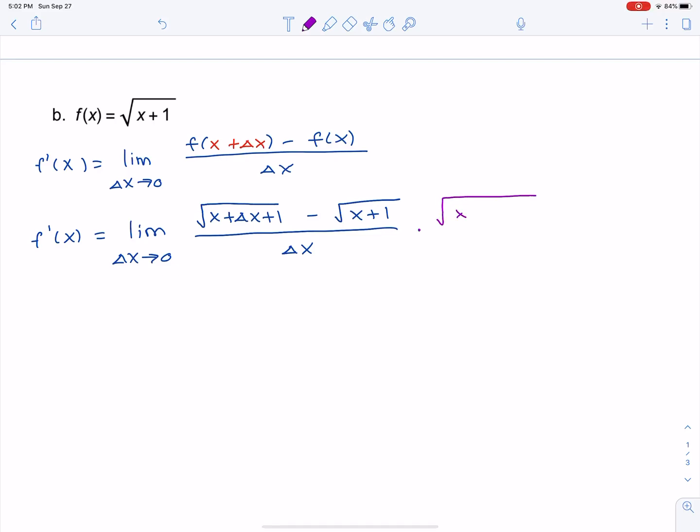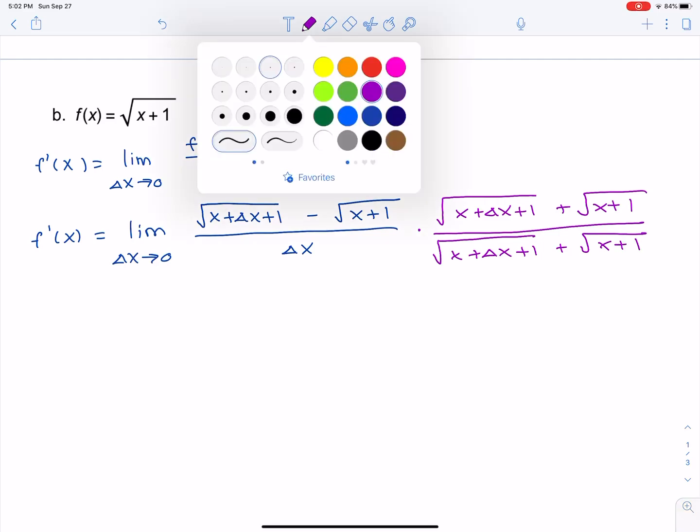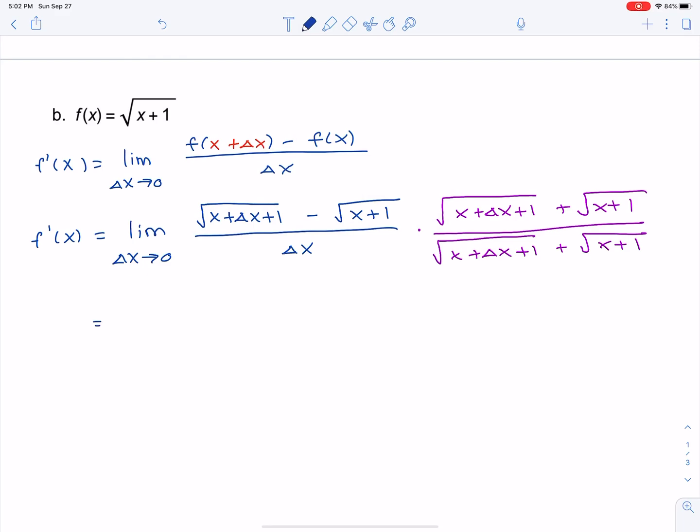So I'm going to get the square root of x plus delta x plus 1 plus the square root of x plus 1, all over the same thing, since it's 1. So the denominator is the square root of x plus delta x plus 1 plus the square root of x plus 1. Let's see what we get. Going back to blue. Actually, let me write my stuff down here so I don't get lost. It's easy to get lost.